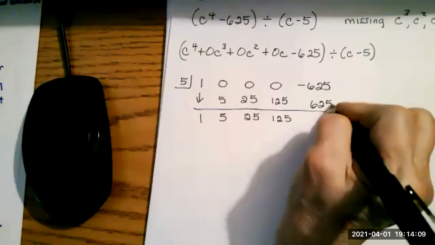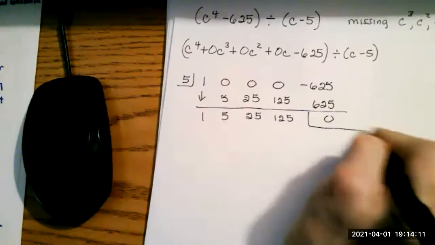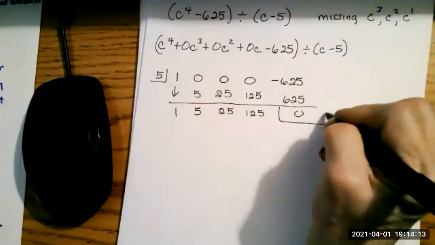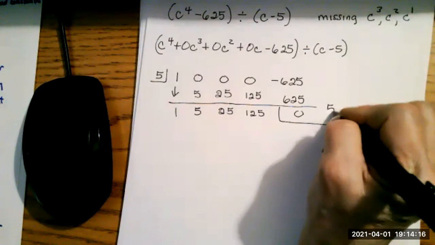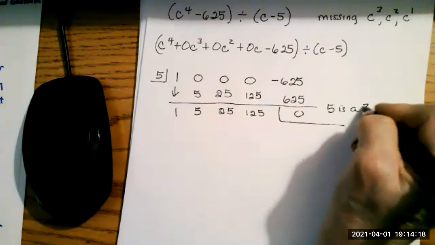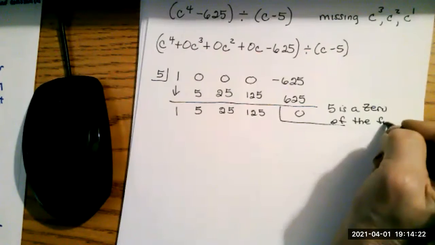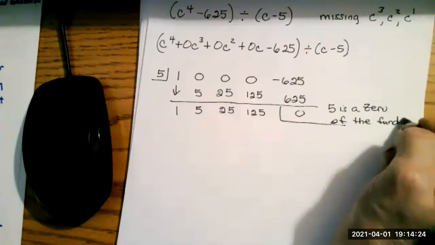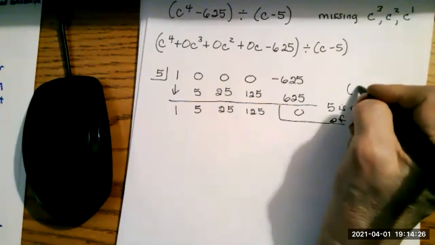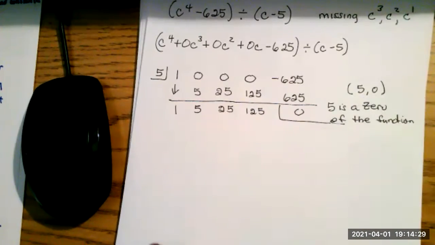Oh, this one's nice. Look at that. That means that 5 is a 0 of the function, and the point (5, 0) is on the graph.